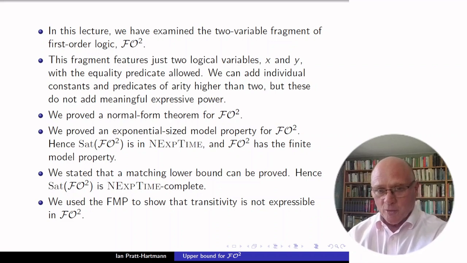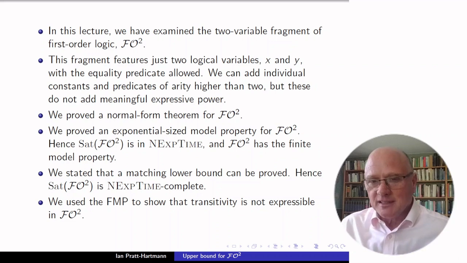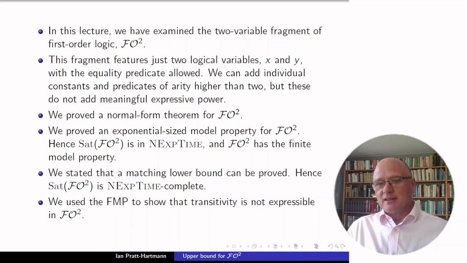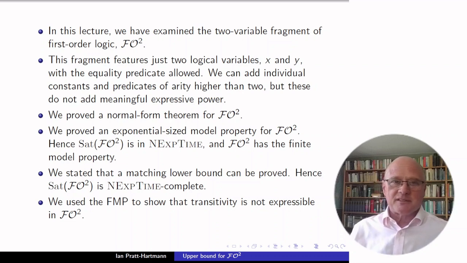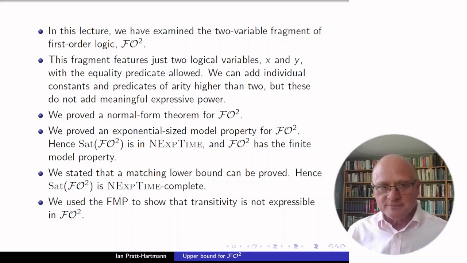We proved the normal form theorem for FO2, so every formula of FO2 is equisatisfiable with a formula in so-called Scott normal form over domains of size at least 2. We used that to prove an exponential size model property for FO2.